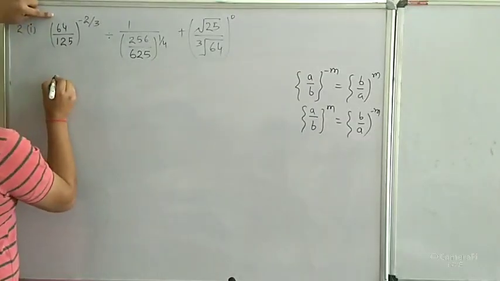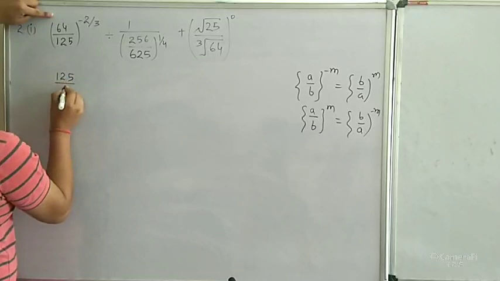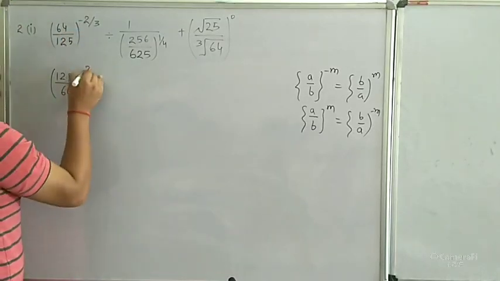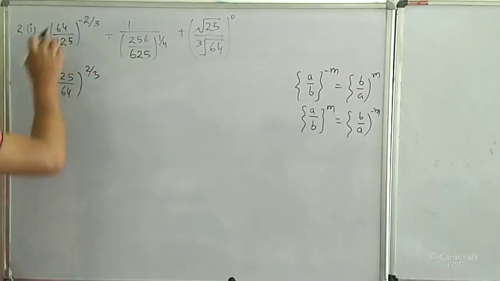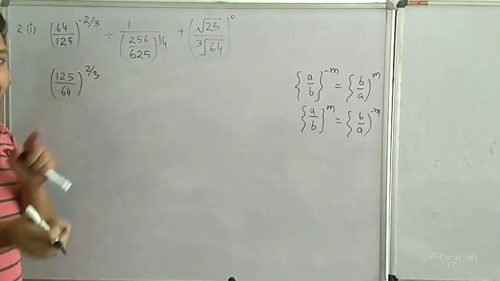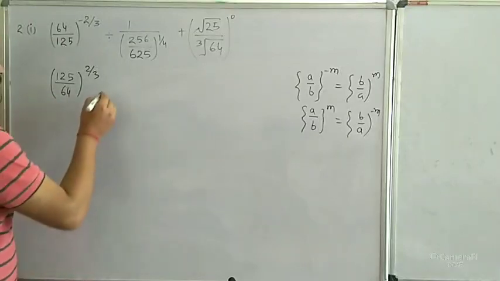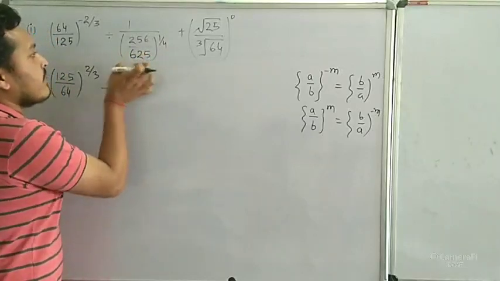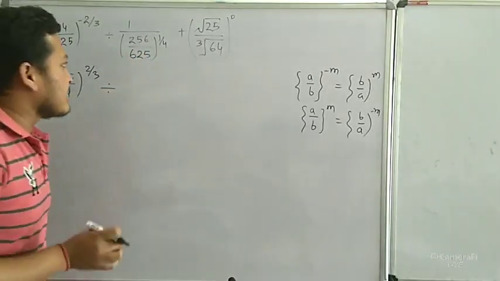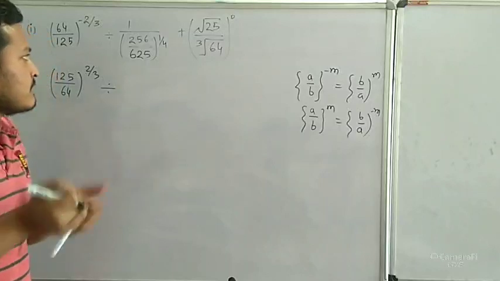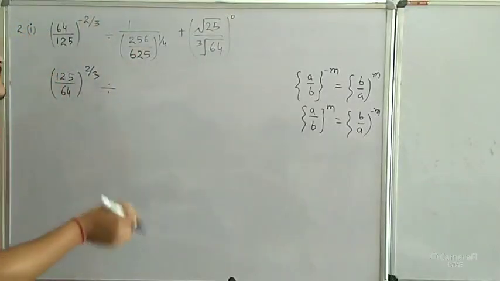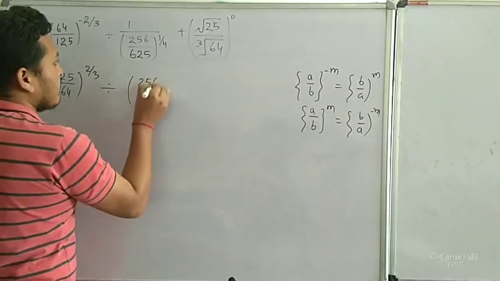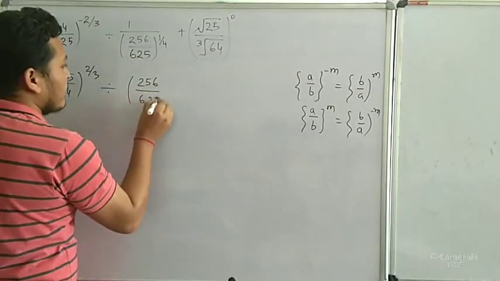So we can write here 125 upon 64 whole to the power, sign reversed, 2 upon 3. Understand? For 1 upon 25, the reciprocal of the fraction, divided by it, it is in positive form but in the denominator. If it seems a bit odd to you, take this part into the numerator. When we take the fraction in the numerator, the sign of the power will be reversed.